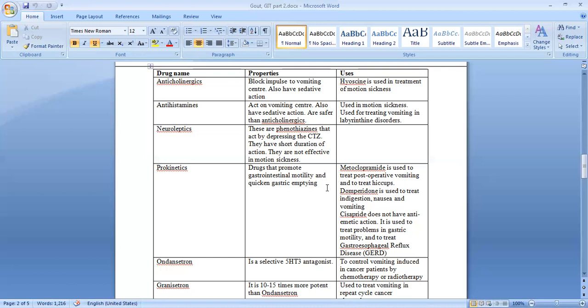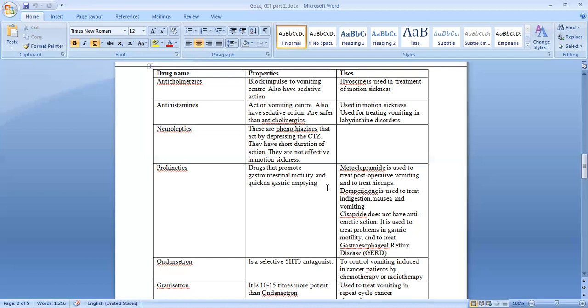Sphincter means it's like a valve, isn't it? So that valve has to close so that only whatever is in the esophagus comes into the stomach. We can't have the contents of the stomach going back into the esophagus. But in some people that happens. Because that valve is not strong enough or it is not functioning properly, whatever is there in the stomach will reflux back into the esophagus, and they will have heartburn and vomiting sensation and all those symptoms.